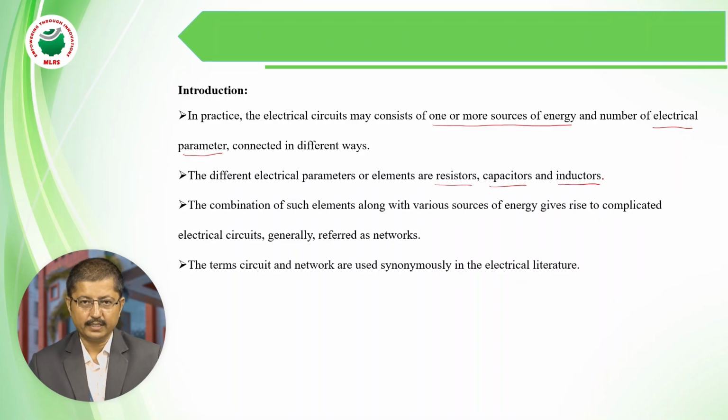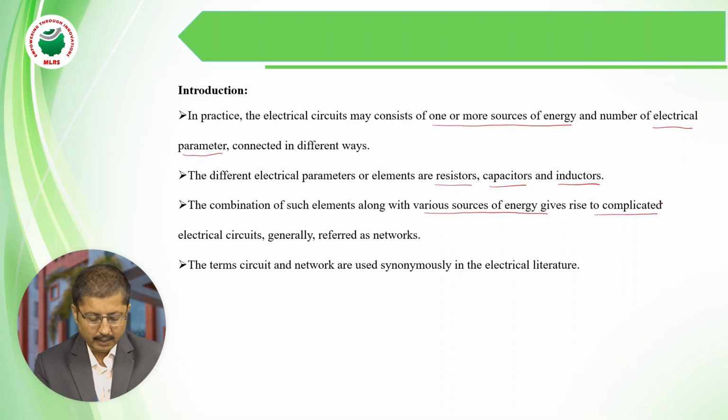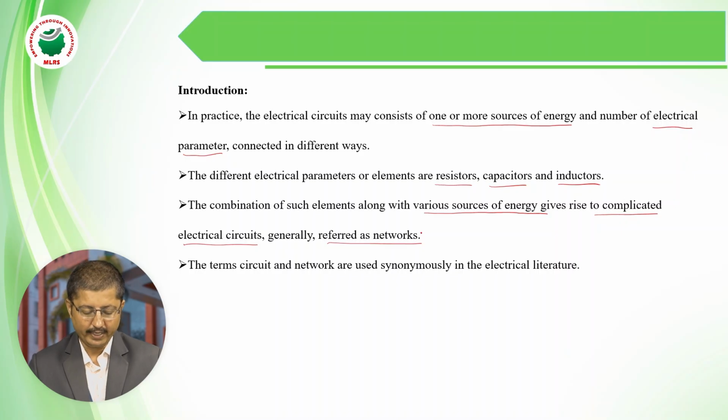The different electrical parameters are resistor, inductor, and capacitor. The combination of such elements along with various sources of energy gives rise to complicated electrical circuits, generally referred to as networks.